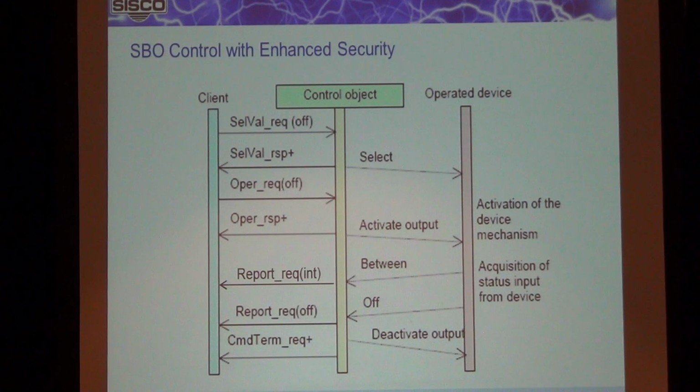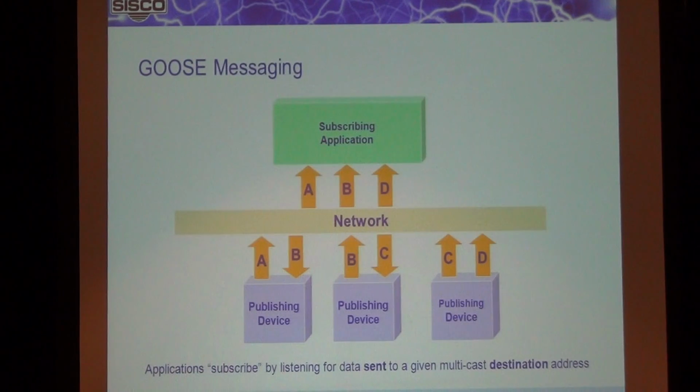When the whole process is done and the output is deactivated, you get a separate message back from the device saying the command has been terminated. So you get an absolute verification of the completion of the control operation from the device via a separate message. That's called SBO control with enhanced security.